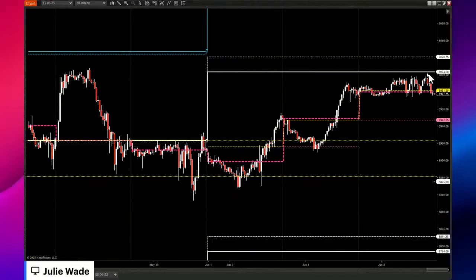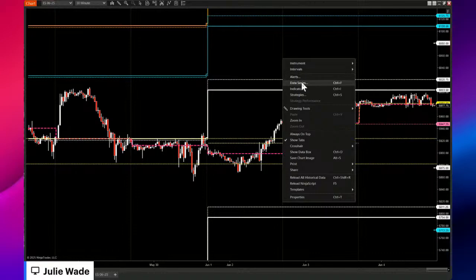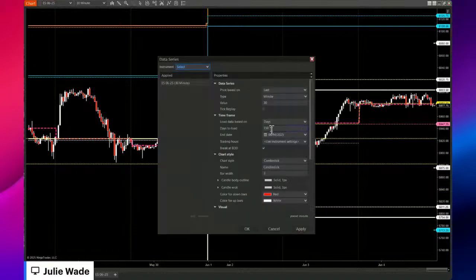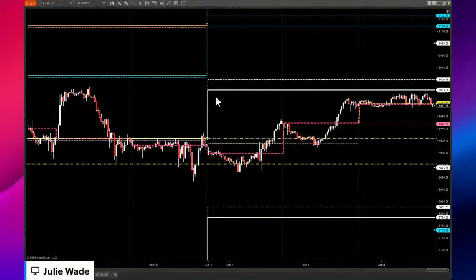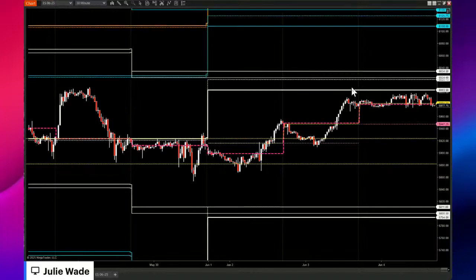So you can see the weekly level is at 6,003 and 6,020. So the weekly open and the weekly close on a 14 period. And I need to change my data to 500 days to get the 1 period. There we go.